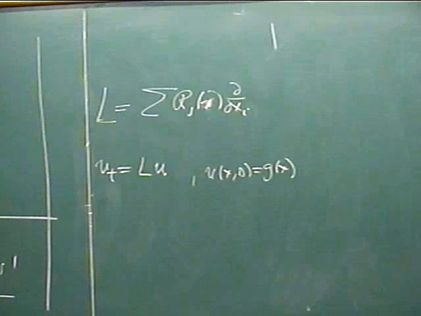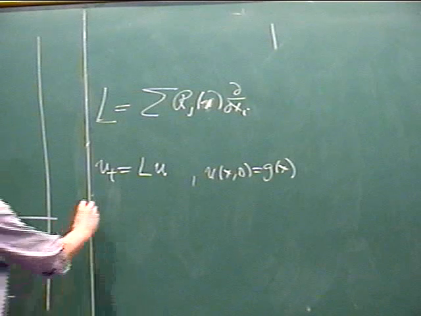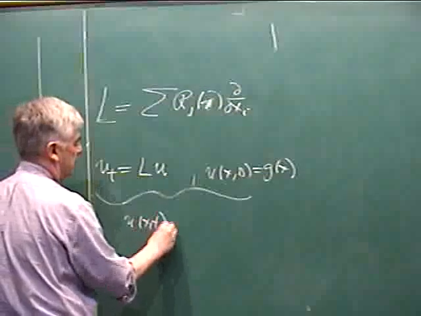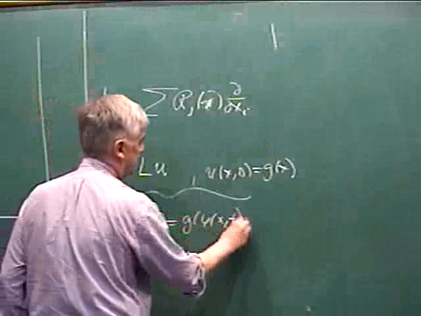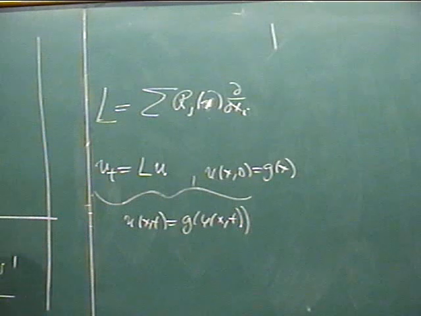A calculation which I will not do, but it's simply the correspondence between linear partial differential equations and the characteristics, tells me the solution of this problem is u of x and t equals g of phi of x and t. You can show it using a chain rule and some additional identities. It's not absolutely trivial, but that's the exact statement.